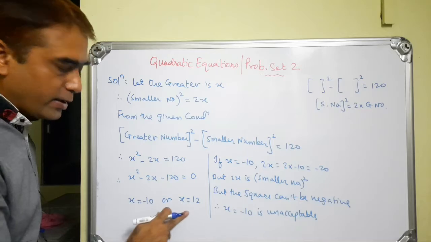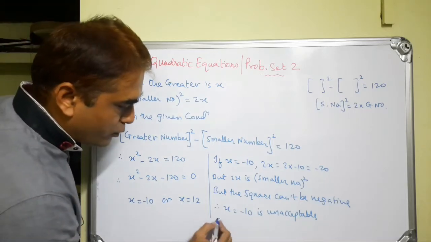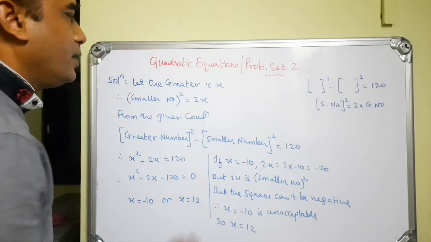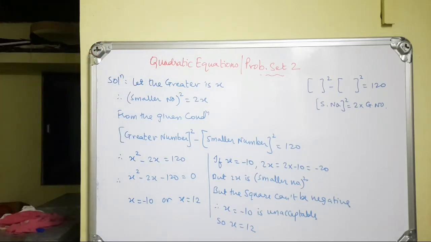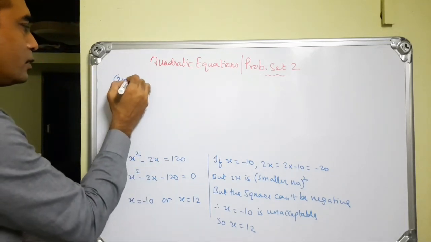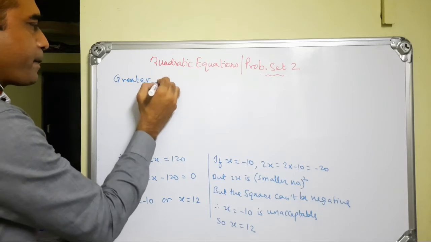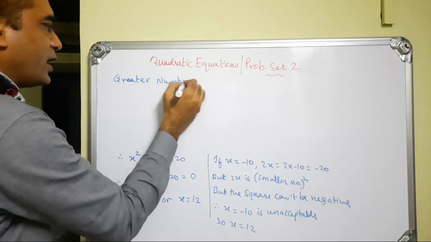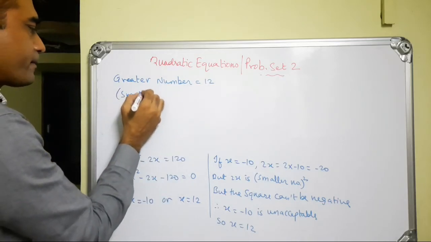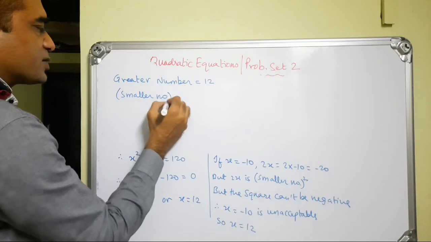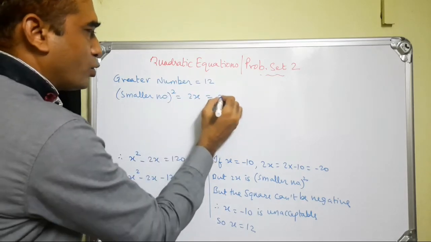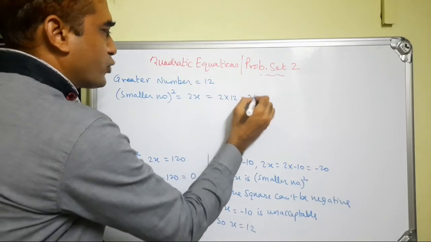And so we'll take this value, x equals 12. If x equals 12, that means the greater number equals 12, and smaller number square equals 2x equals 2 into 12, that is 24.